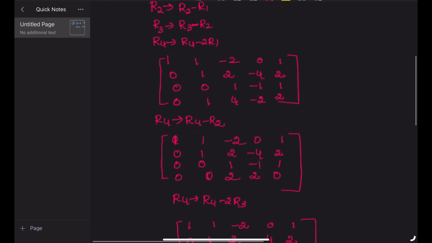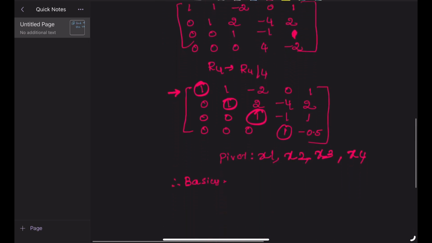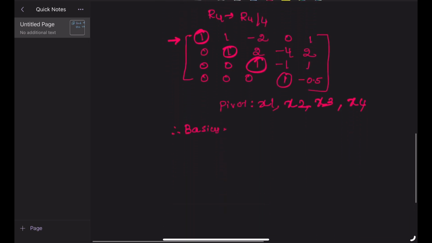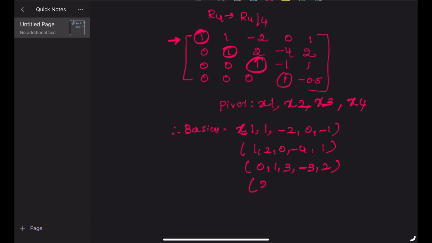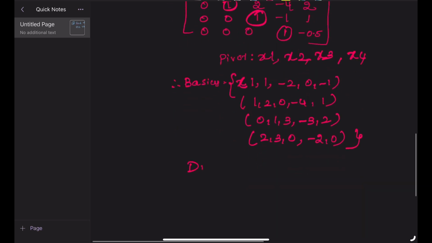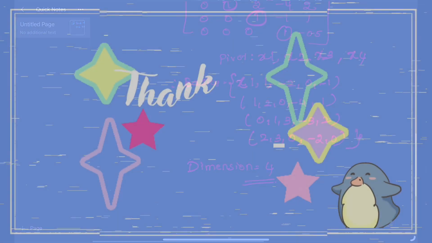So we will write the basis as the set of those vectors, which is the question itself: 1, 1, -2, 0, -1; 1, 2, 0, -4, 1; 0, 1, 3, -3, 2; and 2, 3, 0, -2, 0. The dimension is the number of basis vectors. How many vectors are there in the set? 4. So the dimension is 4.